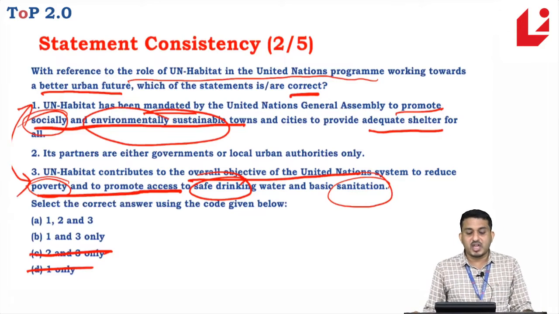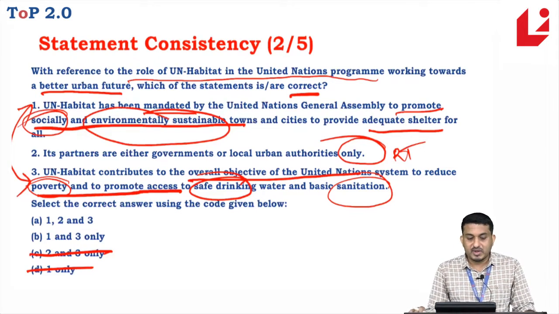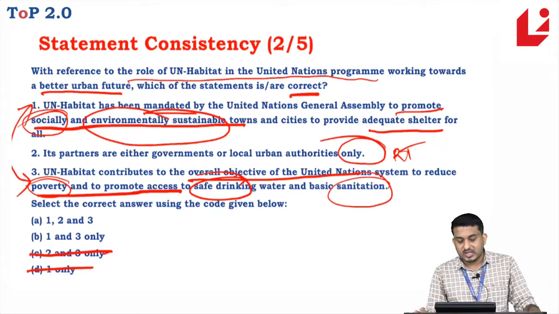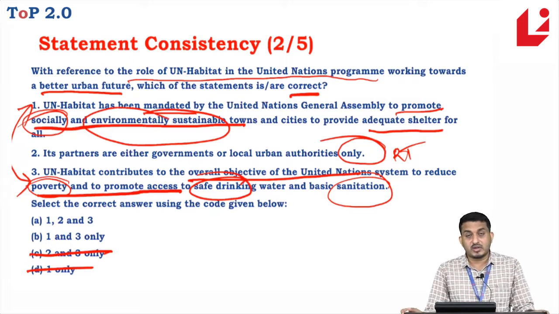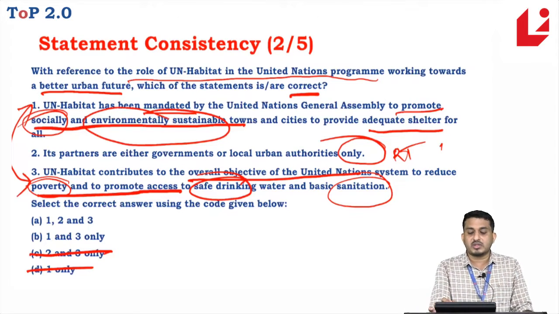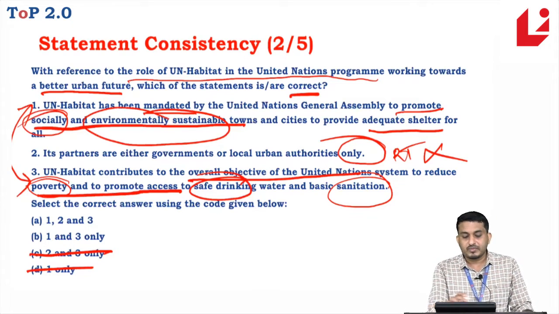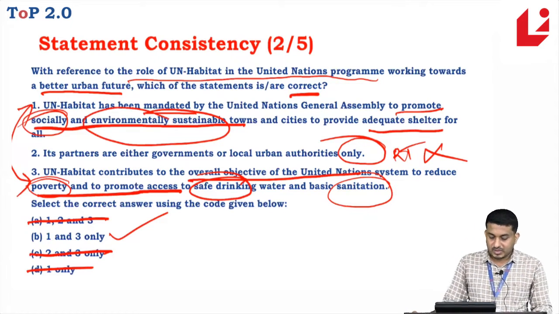Its partners are either governments or local urban authorities only. Only is the keyword, it is the rotten tomato. That means it restricts the scope of this particular program. So there is every possibility that statement 2 is wrong. This is a rotten tomato. So what is the answer for this? The answer is 1 and 3 only, B.